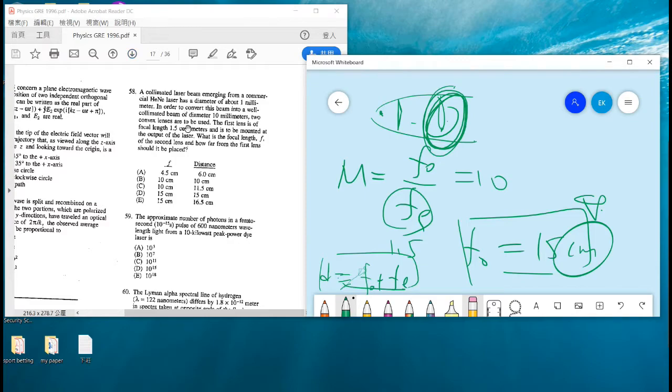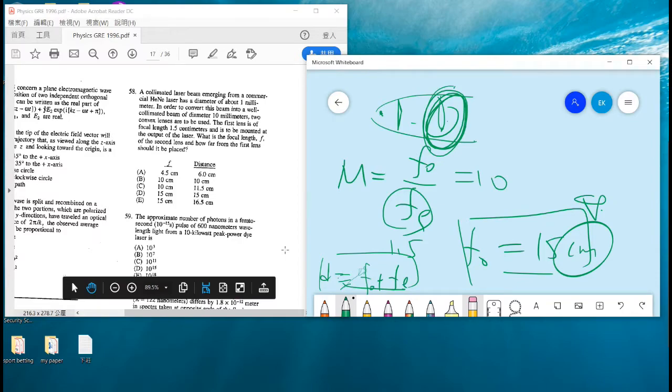But remember, what we need to do is the light comes from infinity. And then we also want the distance of the image formed by the second lens to be a very far distance away. So basically, we have two distances which are infinity.